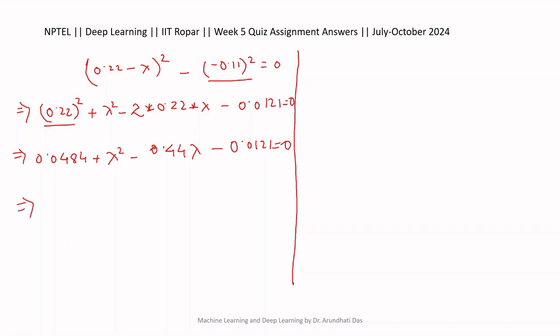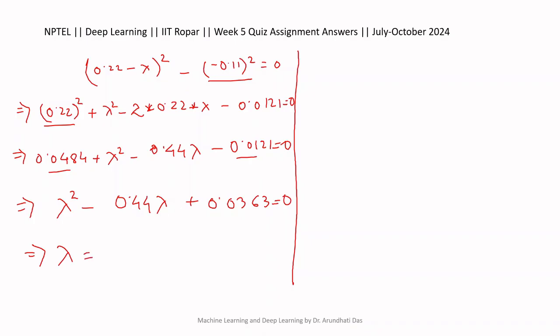So what will be the final value here? Lambda square minus 0.44 lambda, and plus, these two values I will subtract, the final value here will be 0.0363 equal to 0, right? So how to now find out this lambda value?